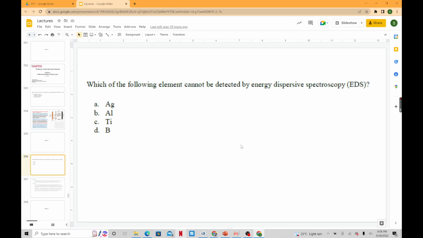Yes, in the question itself, it would be good if they have given you what the window is made up of. EDS is known for not being able to detect light elements because their atomic number is very low.